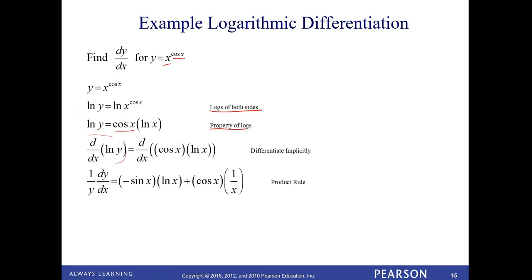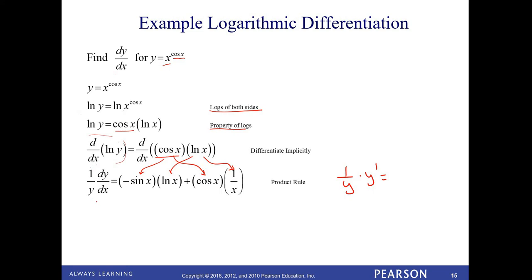So the derivative of ln y is 1 over y dy dx. That's our implicit. I like to write it 1 over y prime. On the right side, the derivative of the first times the second plus the first times the derivative of the second using our ln rule. So that's our product rule and our ln rule all combined.